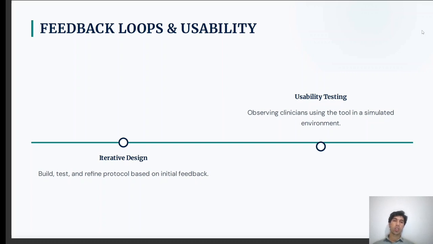We can also use usability testing to observe clinicians using the tools in simulated environments. Using these feedback loops and usability testing, we will make sure that our project is of high clinical utility and actually solves the pain points of the clinicians.